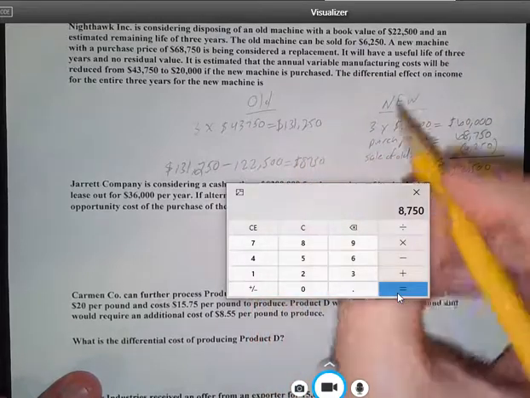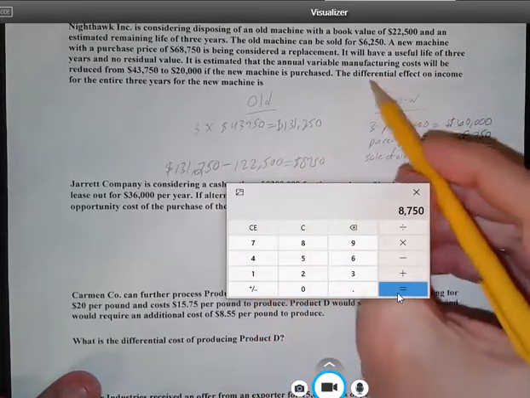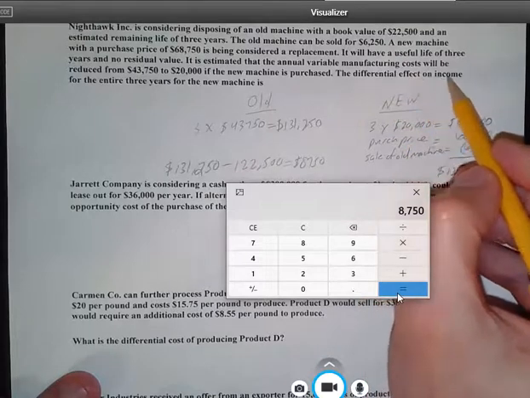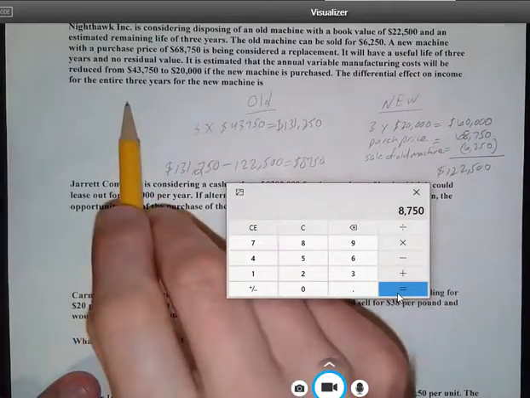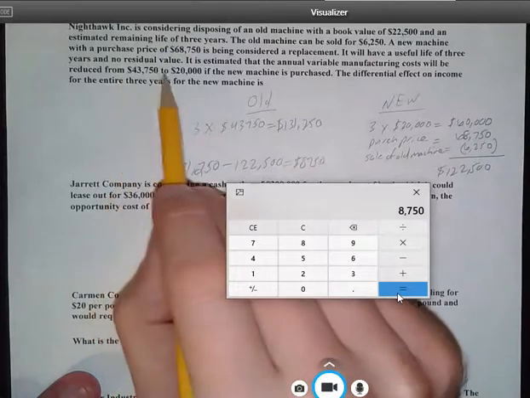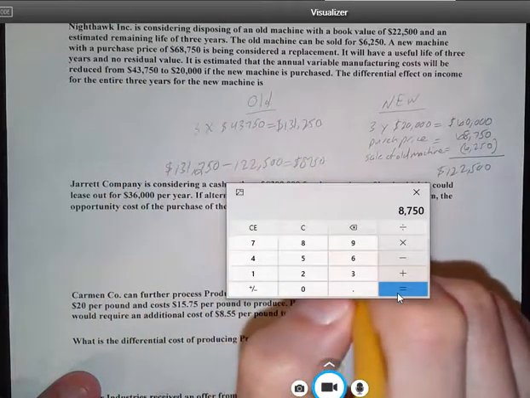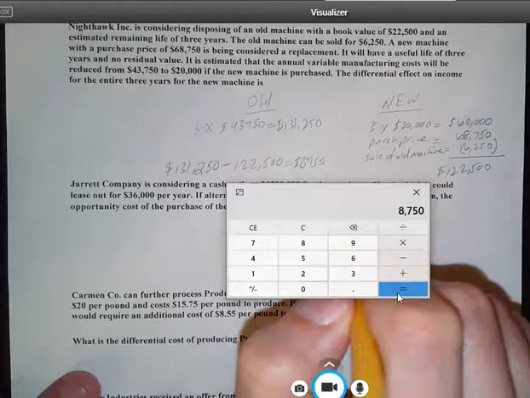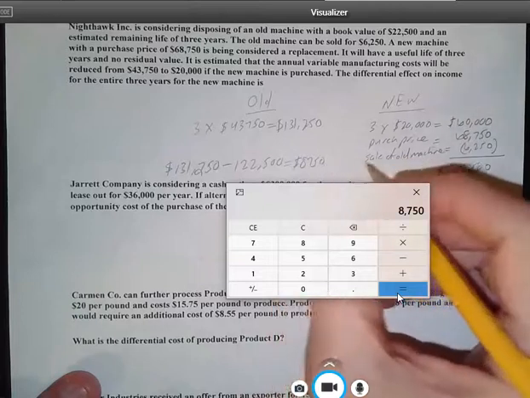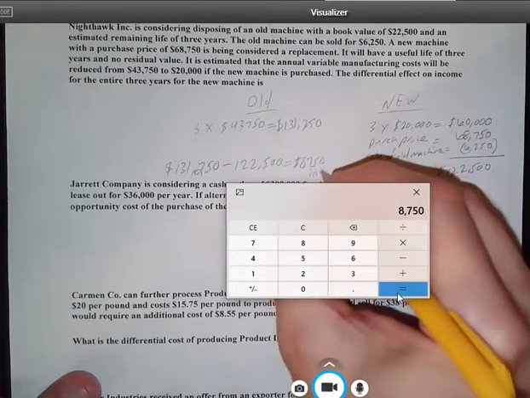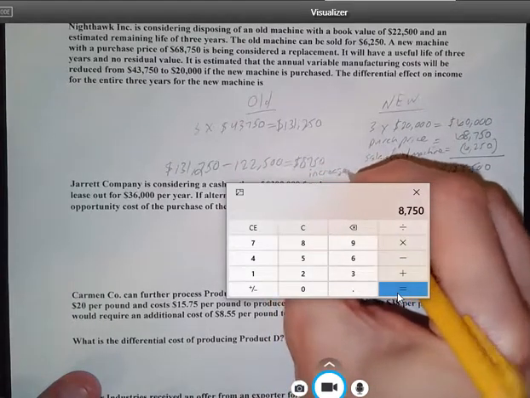And now I've forgotten what they asked us for. The differential effect on income for the entire 3 years. So when they say differential effect on income, they're talking bottom line. So this would be an 8,750 increase.